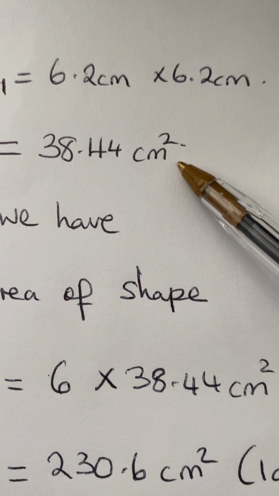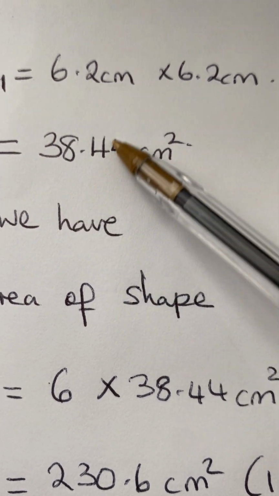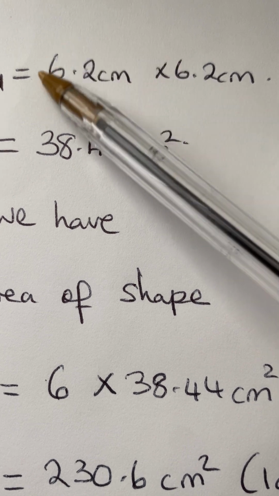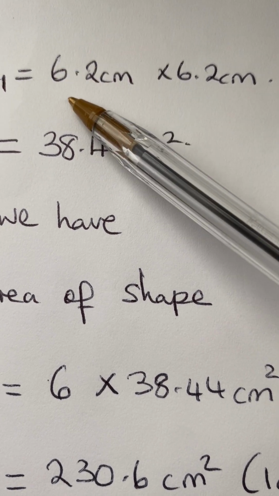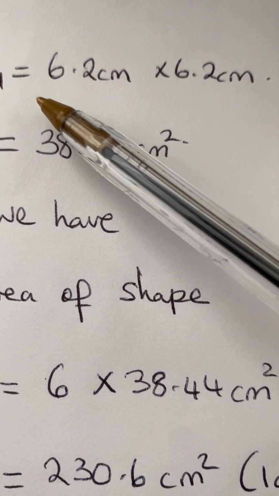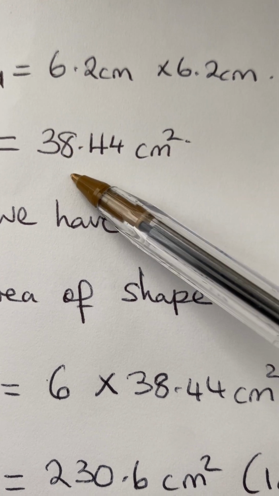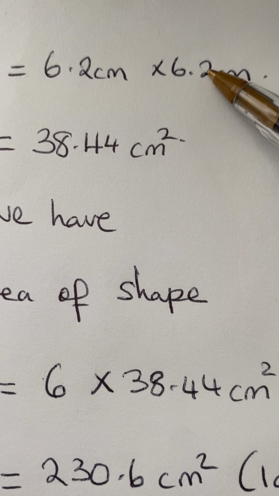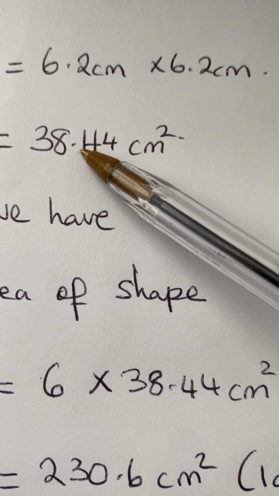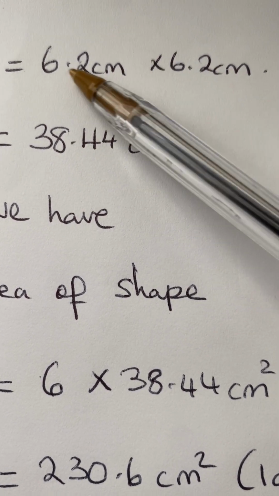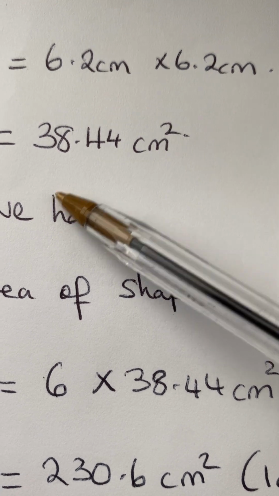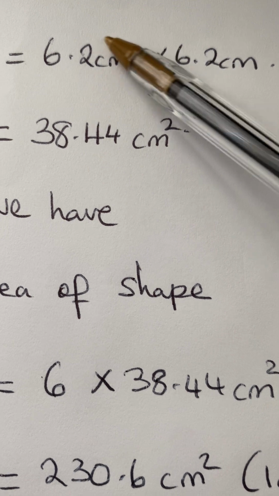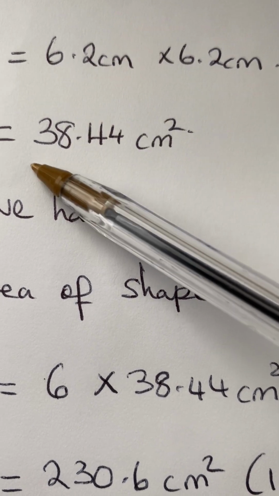If you are considering whether this is right, we've done a video on estimation. So 6 times 6 is 36. Assuming you put this in the calculator and it gave you this answer, because of the 0.2, it is right.